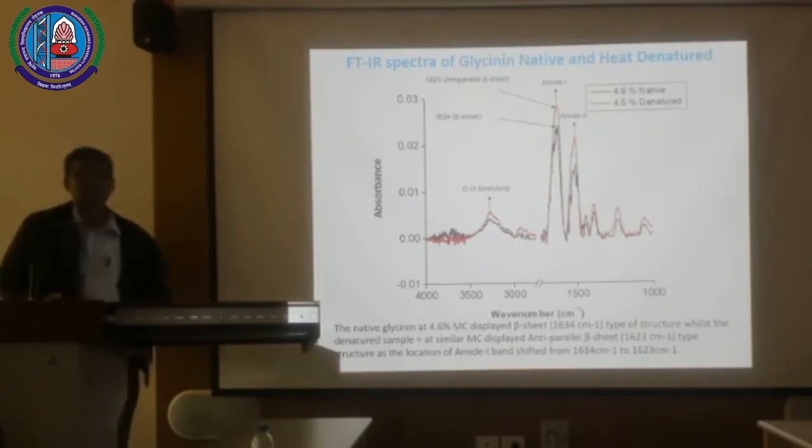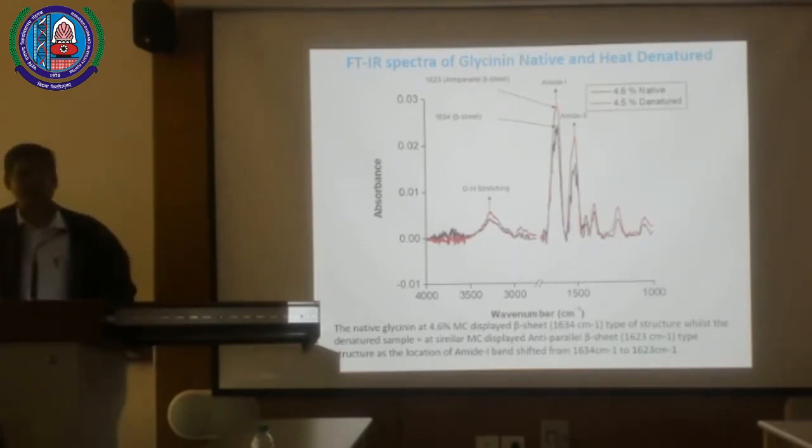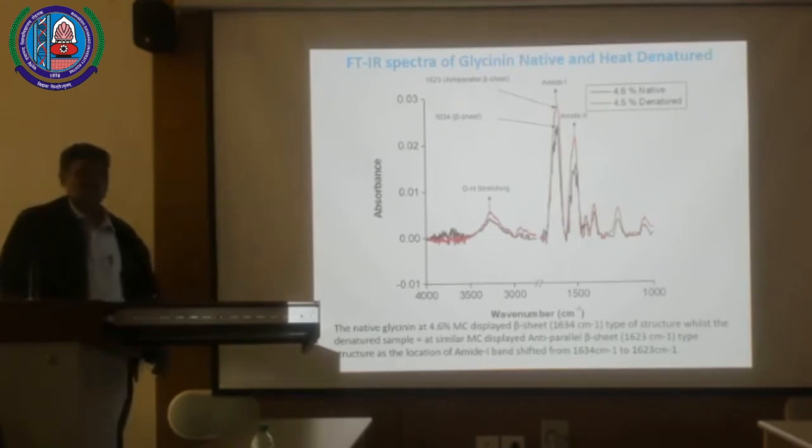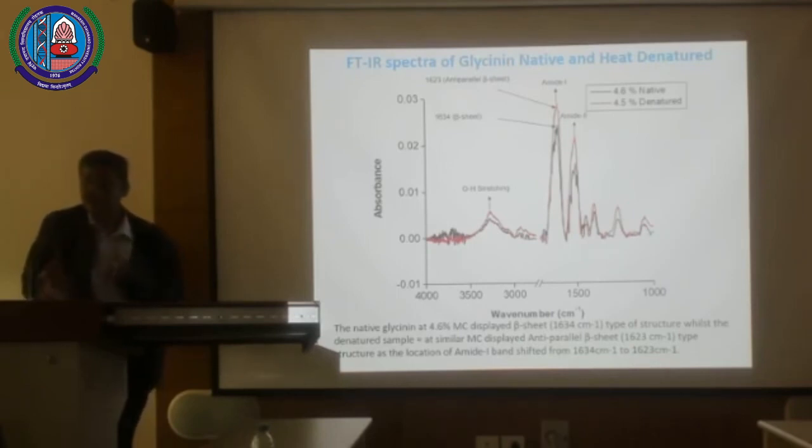Okay, we're talking about denatured versus native protein. How is it happening? We already know that at 4.6% we are comparing a native protein, and at 13% we know it's a rubber state protein. So we take a glassy material at 4.6%, and then we denature the protein.